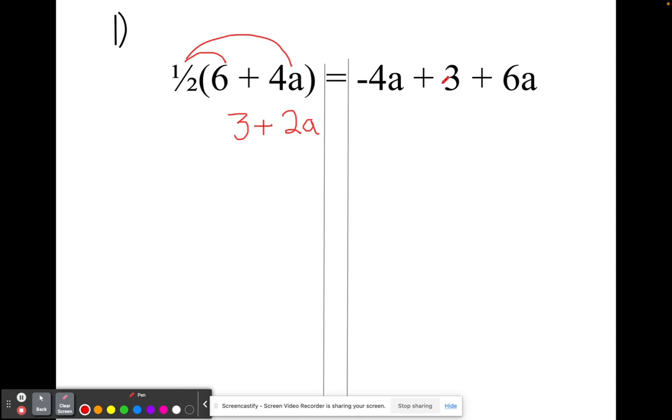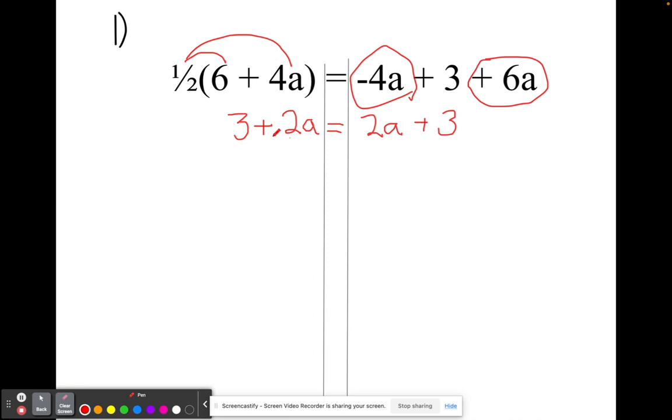Now on this side, I can combine my like terms. I have 6a, and I have negative 4a. Negative 4a plus 6a is 2a. Add 3. Now if I look at this, 3 plus 2a, 2a plus 3, these are equal.